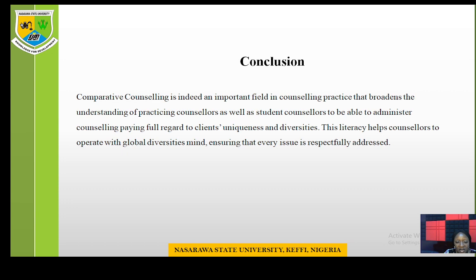So comparative counseling is indeed an important field in counseling practice that broadens the understanding of practicing counselors as well as student counselors, to be able to administer counseling, paying full regard to clients' uniqueness and differences. It is our duty to show regard for every form of diversity without prejudice. This literacy helps counselors to operate with global diversities in mind, ensuring that every issue is respectfully addressed.